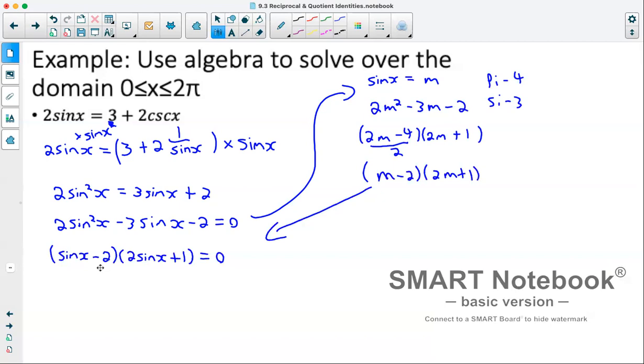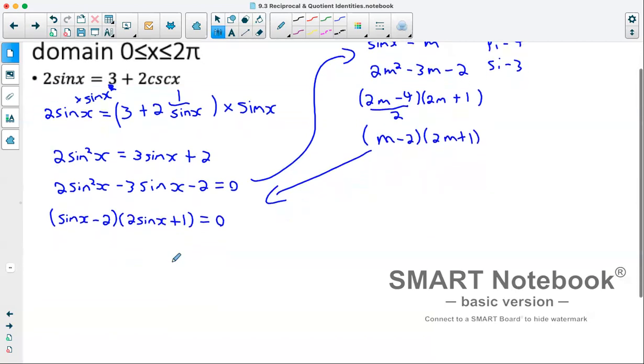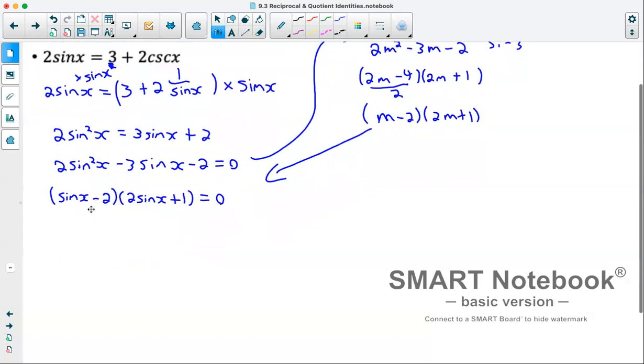Now, we need to find what value of x makes each of these brackets equal to 0. So we can take each of them and create our own equation of them. So we've got sine x minus 2 equals 0, because if this term equals 0, 0 times anything is 0. And same thing with this one. So 2 sine of x plus 1 equals 0.